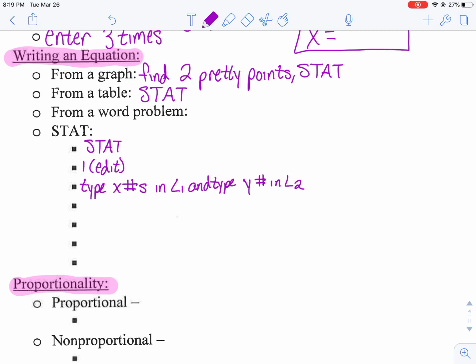Once all of my information is typed in, I'm going to press stat. We're going to go over to calc, press option 4, which says ax plus b. And then we're going to press enter 5 times.